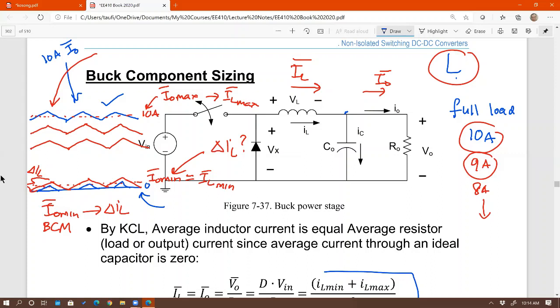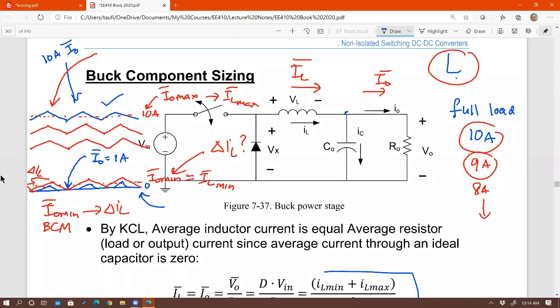So if somebody says, okay, I want to maintain the operation of a buck converter down to 1 amp, that means boundary conduction mode at 1 amp. That is the average value, right? The average value is 1 amp.